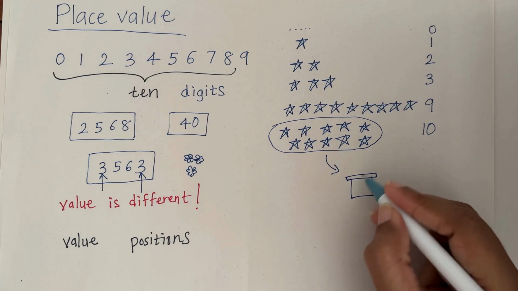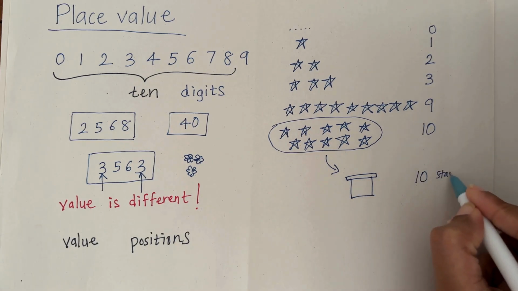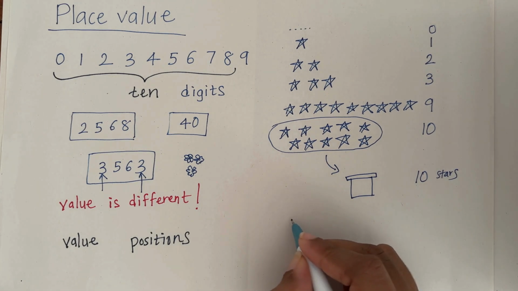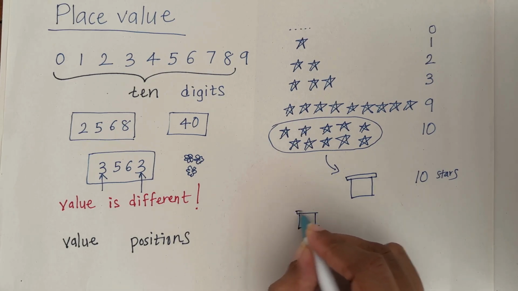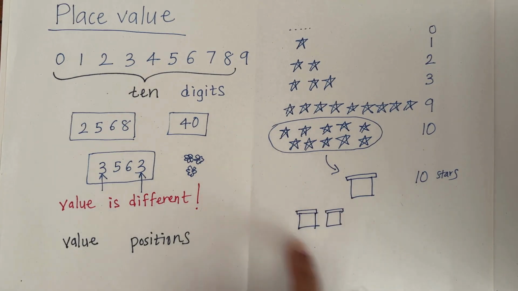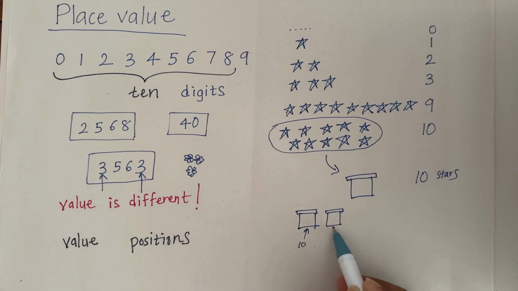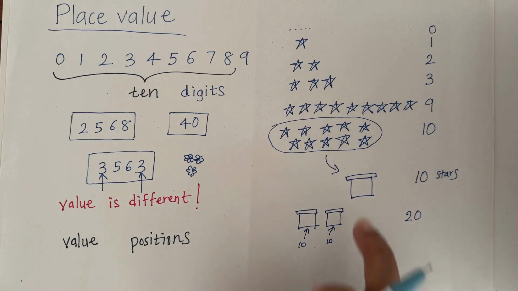So this box represents 10 stars. I think you understood. Now let me tell you this. We have 2 boxes. How many stars are in them? Each box contains 10 stars, so we have altogether 20 stars.